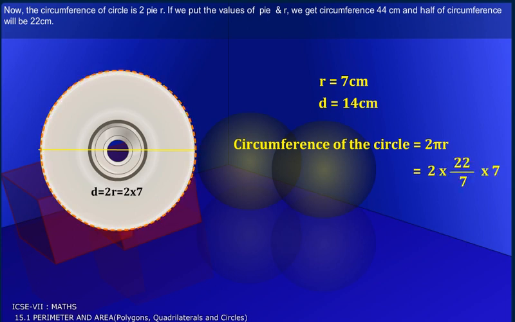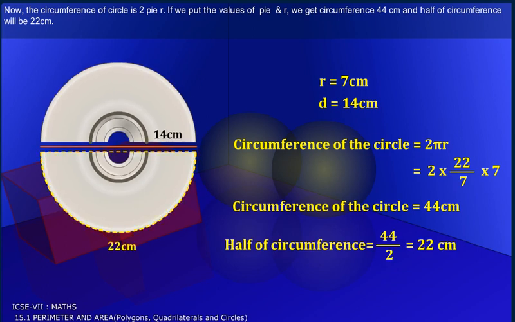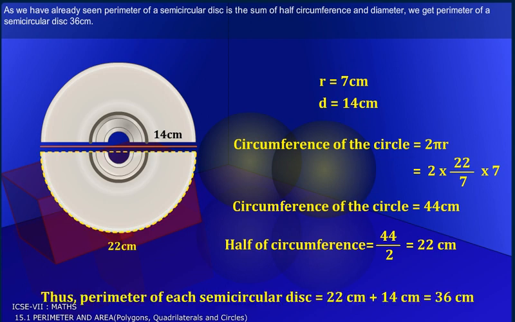If we put the values of pi and r, we get circumference 44 cm and half of the circumference will be 22 cm. As we have already seen, the perimeter of a semicircular disc is the sum of half circumference and diameter. We get the perimeter of the semicircular disc as 36 cm.